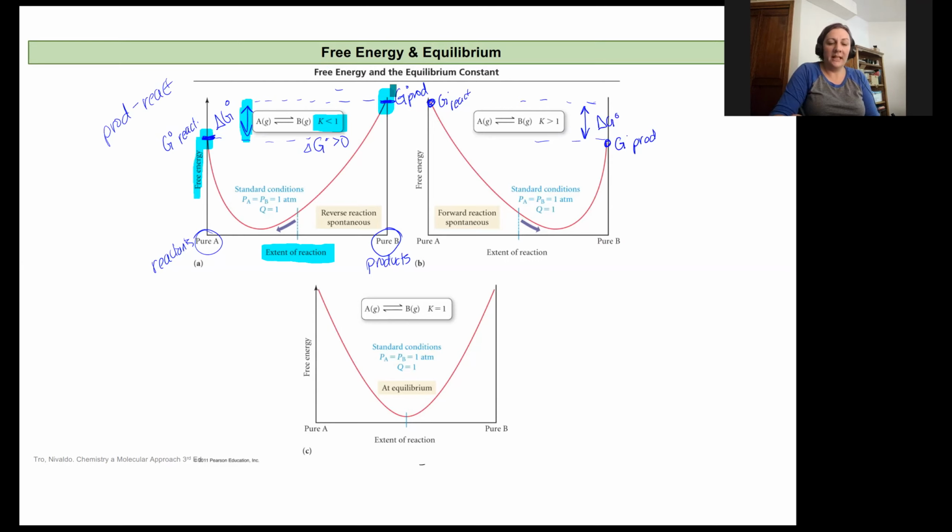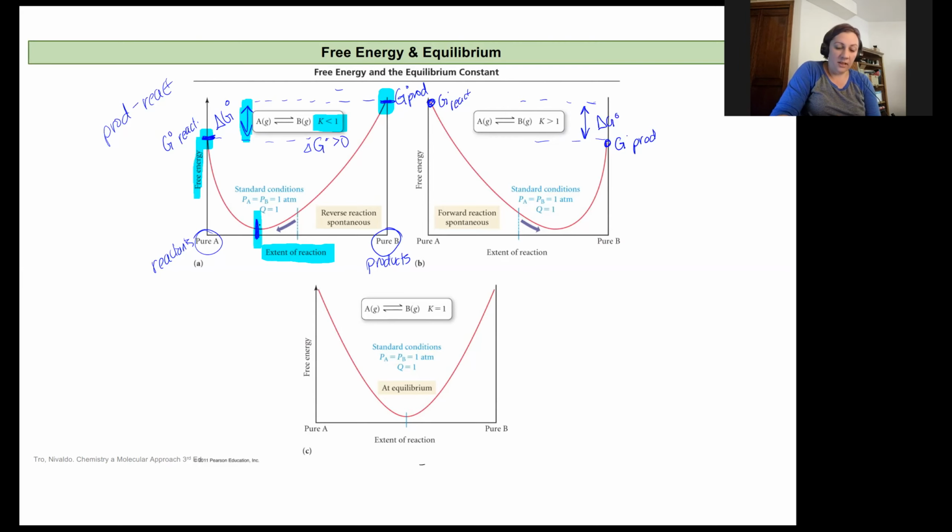So looking at this, we can see that our graph is showing a minimum that's going to favor more of A than B. And so this local minimum is coming in a place in our extent of reaction where we have more reactants than we have products.